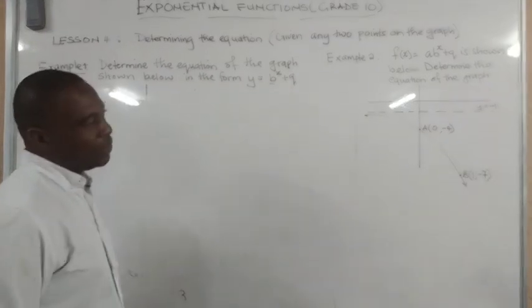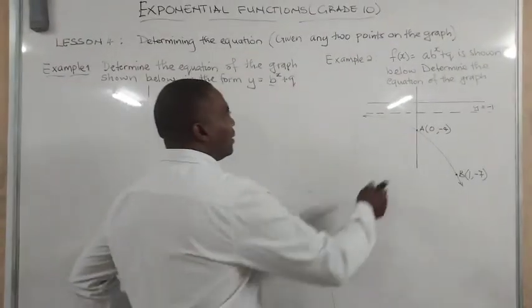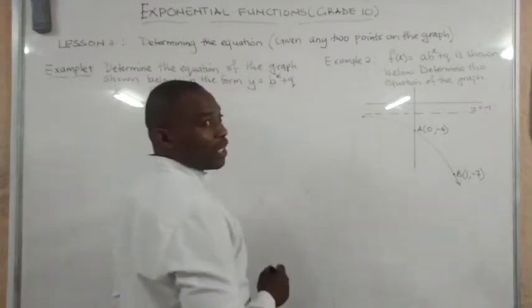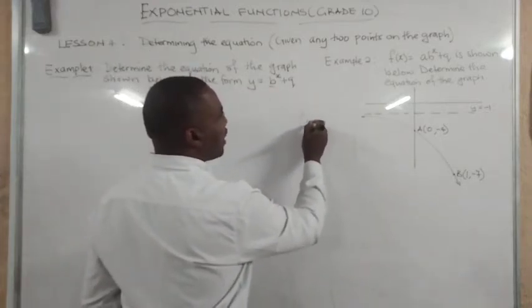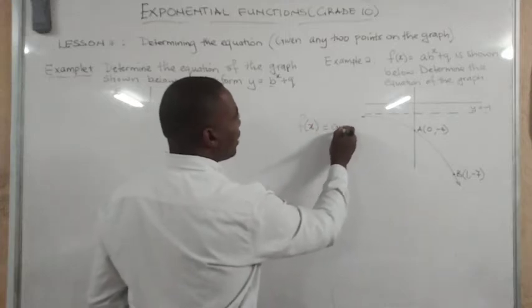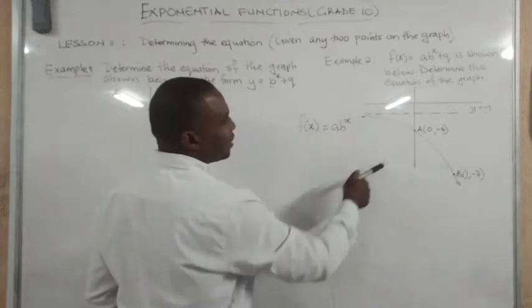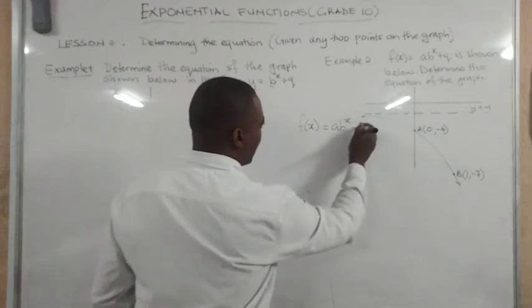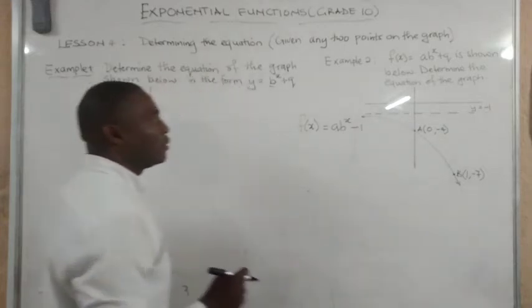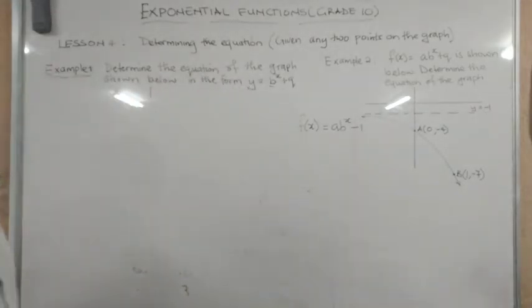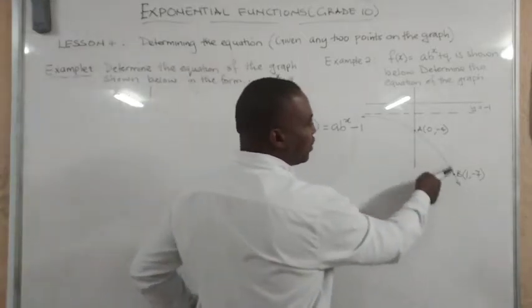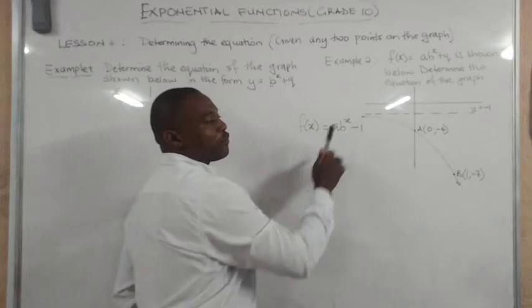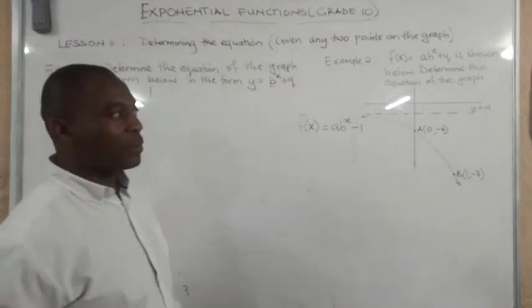So immediately you see the asymptote, don't hesitate, it means you have the value of q. So we are saying f of x will be equal to a b to the power x minus 1. That's the value of q. So we remain with 2 unknowns, which means these 2 points are enough for us to find a and b.